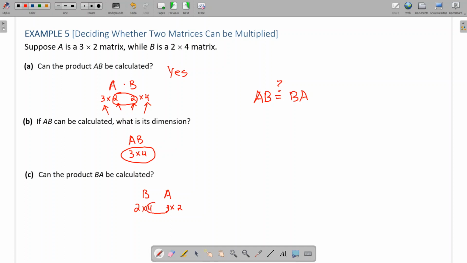These do not match. So no, it is not possible to multiply those two together. So that means in general, no, it's not commutative. A times B is not necessarily equal to B times A. It will be in some particular cases, but not in general. And this is one example where A times B is not the same as B times A.